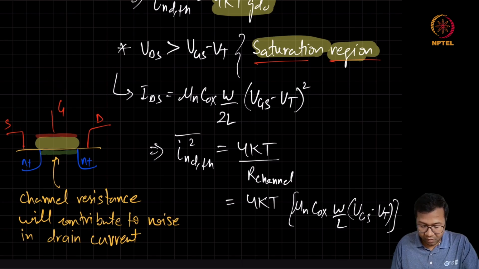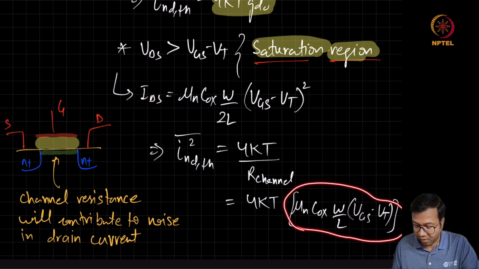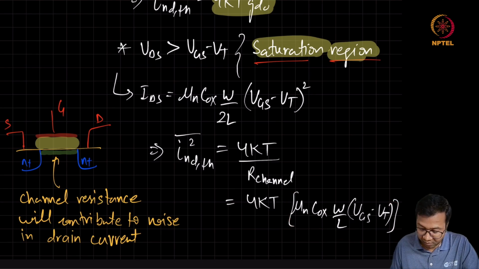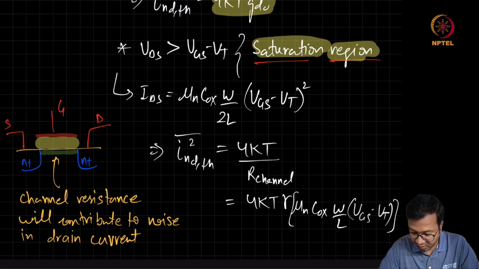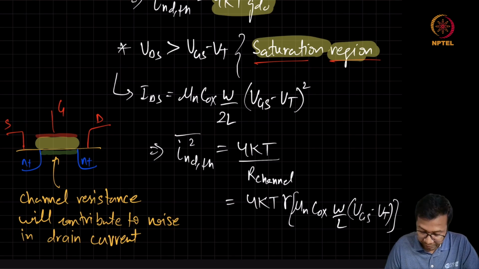So the net result is the thermal noise in the drain current saturation region may not be just corresponding to 4kT into the channel conductance, which is found in the case when VDS was 0, but some extra factor gets added.